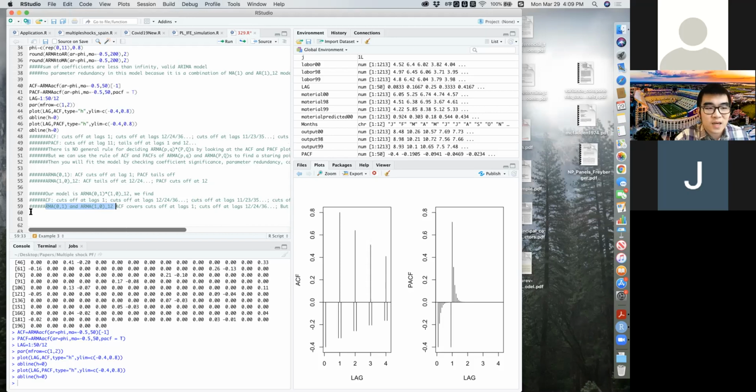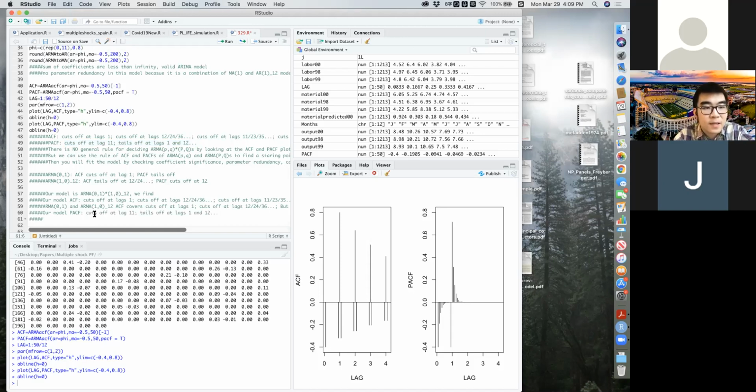And this is exactly true for the PACF plot. For our model, as I said, it cuts off at lag 11 and tails off at lags 1 and 12.